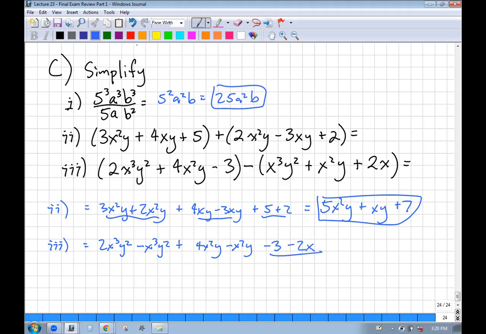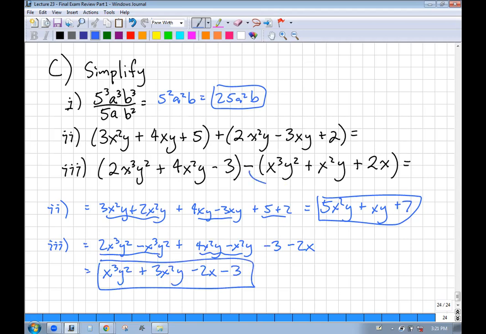These I can't combine. All right, so these I can. That gives me 1x cubed y squared. These give me 3x squared y's. Then I would put the 2x first and 3 last. So this problem, can you distribute a minus sign? And can you collect like terms?